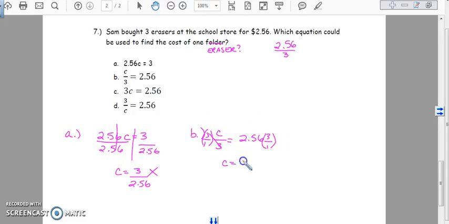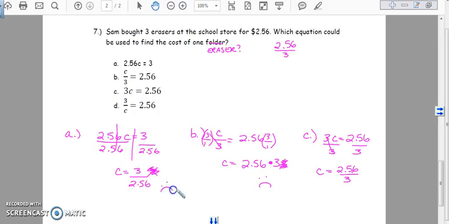So C equals $2.56 times 3. Nope, that's not the same. How about C? 3C equals $2.56. Multiplication, so I divide both sides by 3. So I get C equals $2.56 divided by 3. I'm going to use sad faces because those look like X's. Does this match my original? It does. Yay! So C is my answer.